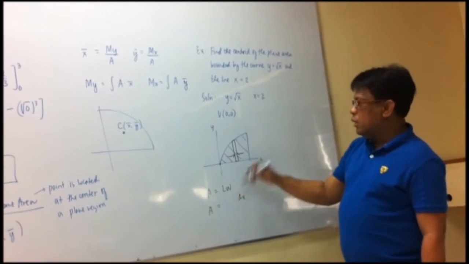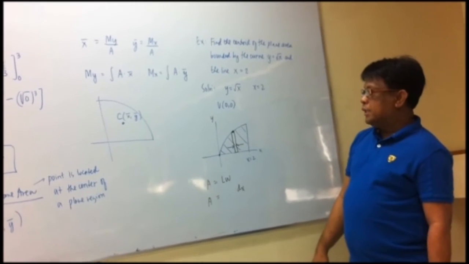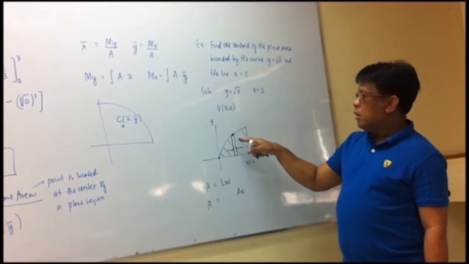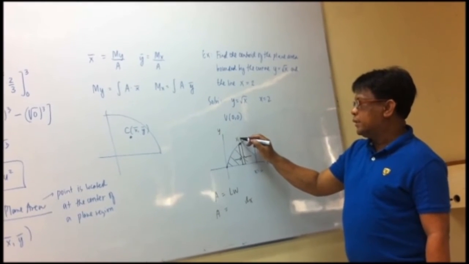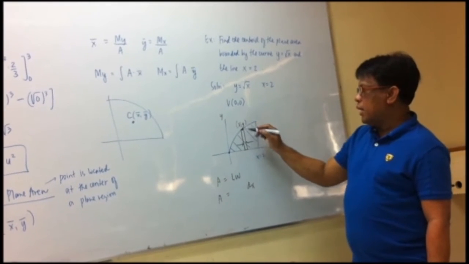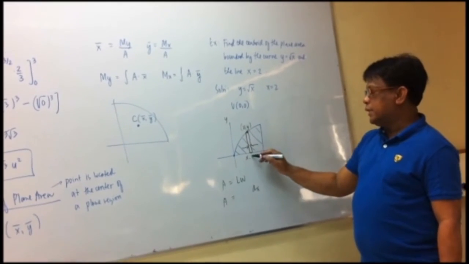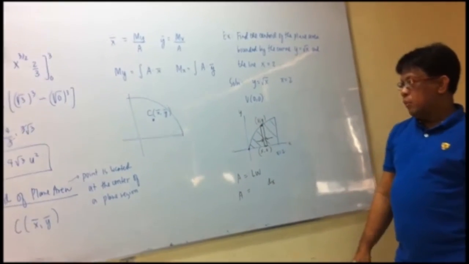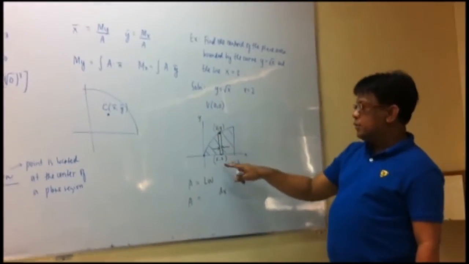What about the width? The width will be the difference of the coordinates of the y up and y down. Identifying the endpoints of the rectangle, we have x, y, and the other one which is lying on the x-axis, x, 0. So the width is y up minus y down.